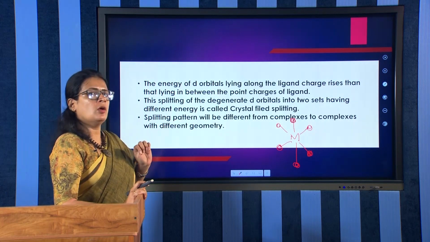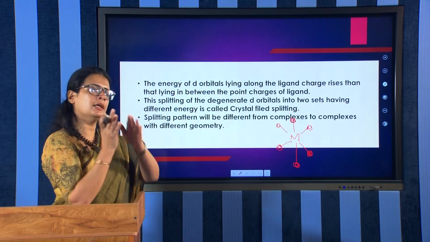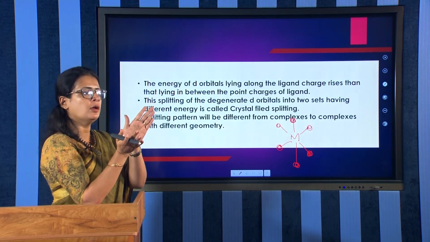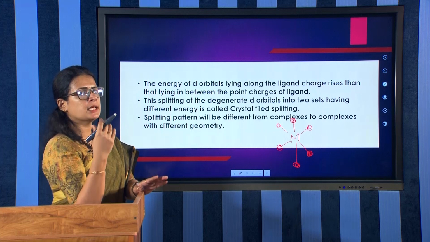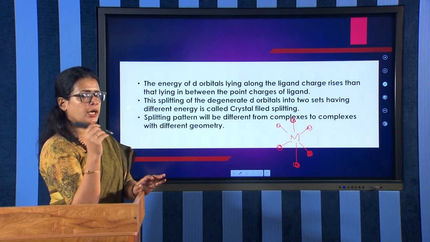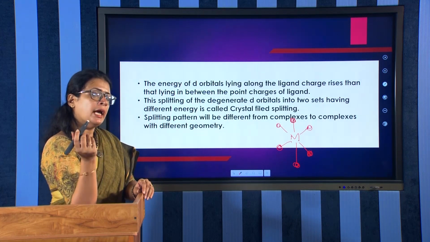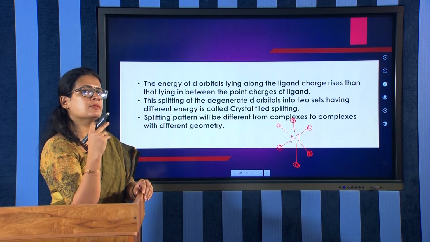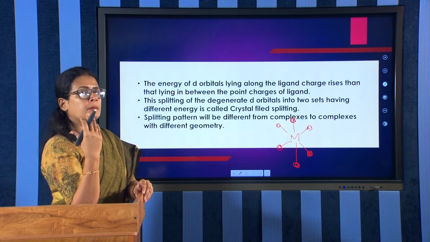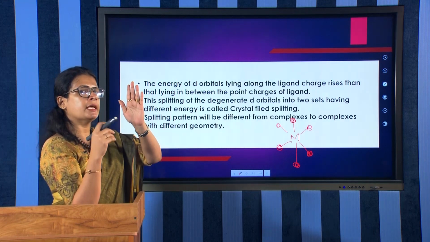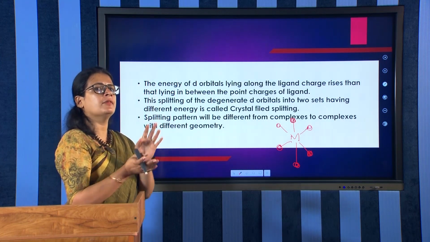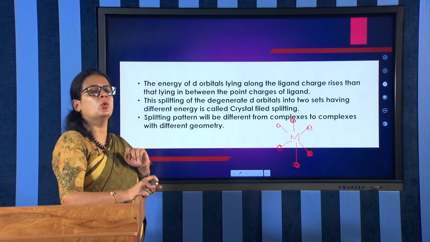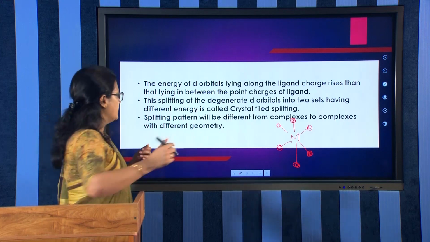So, in octahedral complexes, the splitting will be into 2, depending on how the ligands approach. The d orbitals lying along the axes will experience a greater repulsion and their energy will rise, and the 3 d orbitals in between the axes will have a lower energy. The splitting pattern will be discussed.